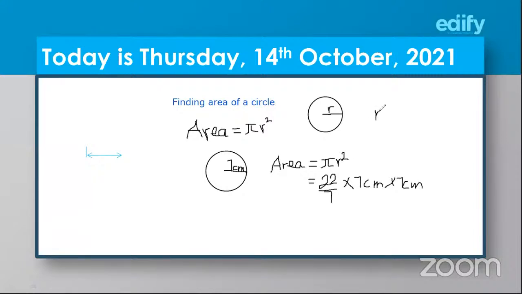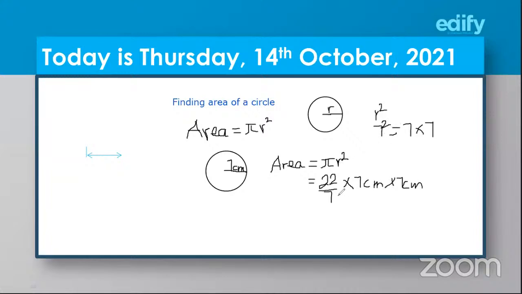When we talk about r squared, r is the radius, which is 7. So it is 7 squared, and 7 squared means 7 times 7. If 7 is raised to power 2, which we call squared, that is why she has multiplied 7 times 7.